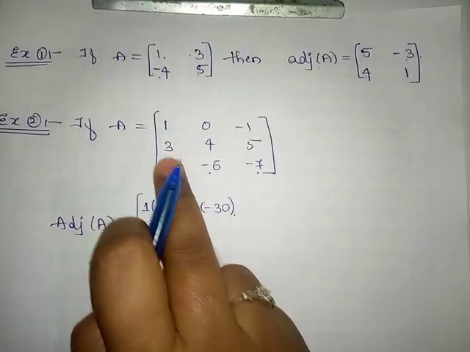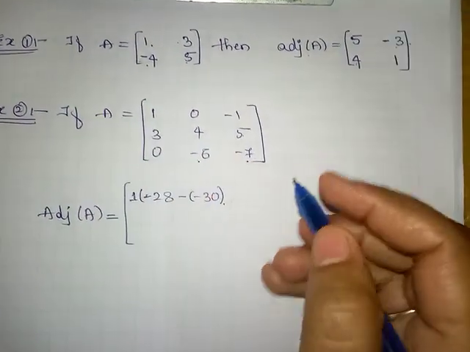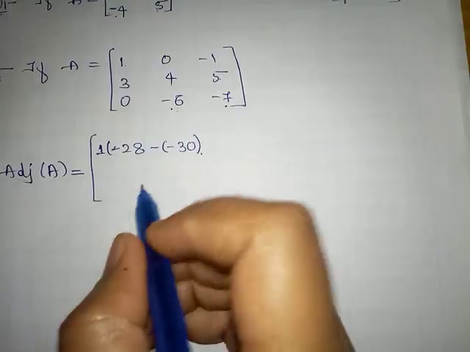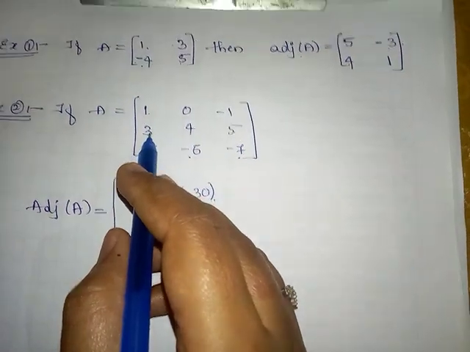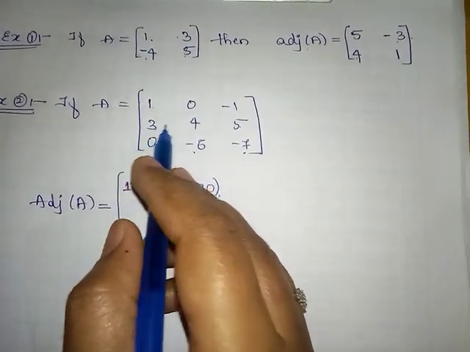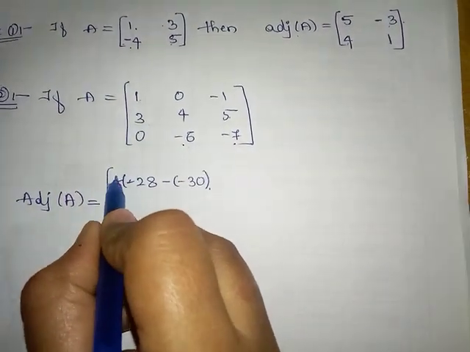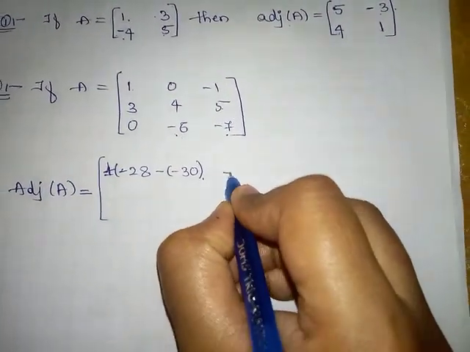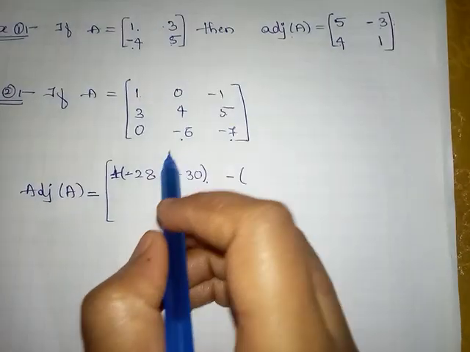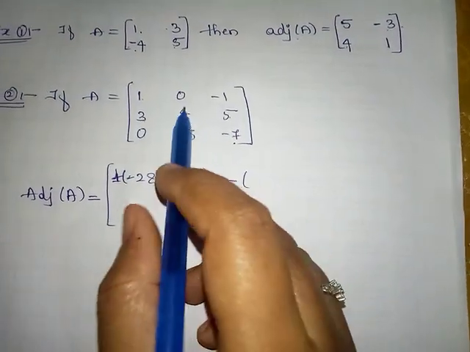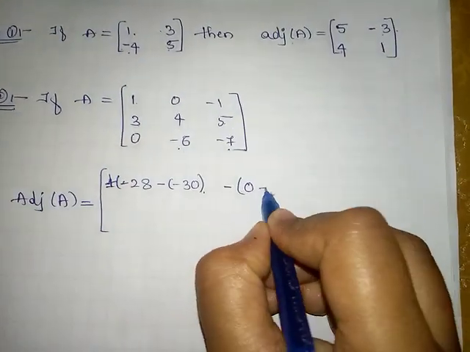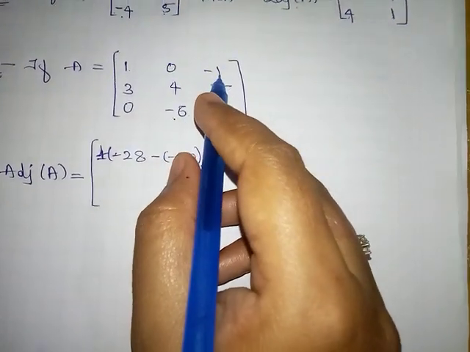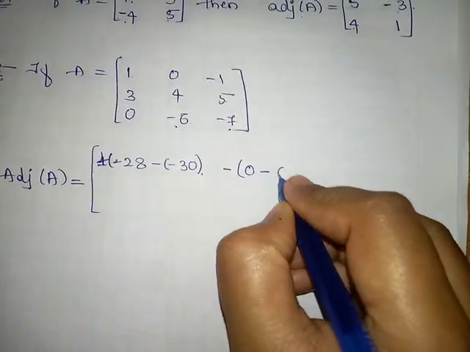Next, for the next element, here do not write 3, because we are just considering the element and taking the signs. This is plus, next is minus, into 0 into minus 7, it is 0, minus 6 into minus 1, it is plus 6.